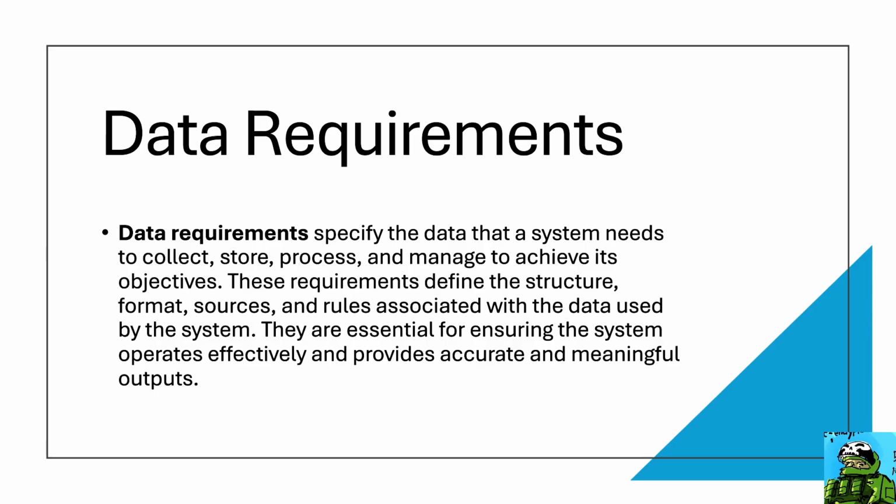Okay, so data storage. All user profiles must be stored in a relational database with tables for users, roles, and permissions. Historical transaction data must be retained for a minimum of 5 or 7 years, something like that. Okay, so data format: usernames must be stored in a string with a maximum length of 50 characters.